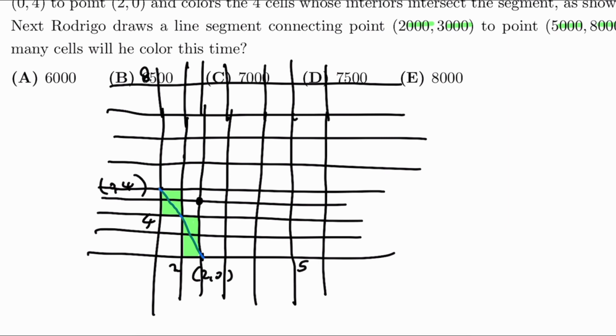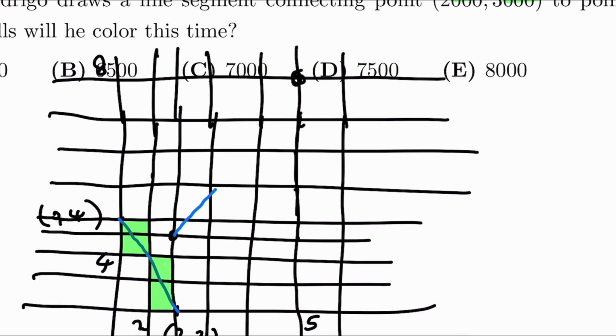Nope. This point is 5, 8. So that is, we have 1, 2, 3, 4, 5 up and 3 to the right. Now, if we draw it, that will be a line like this.